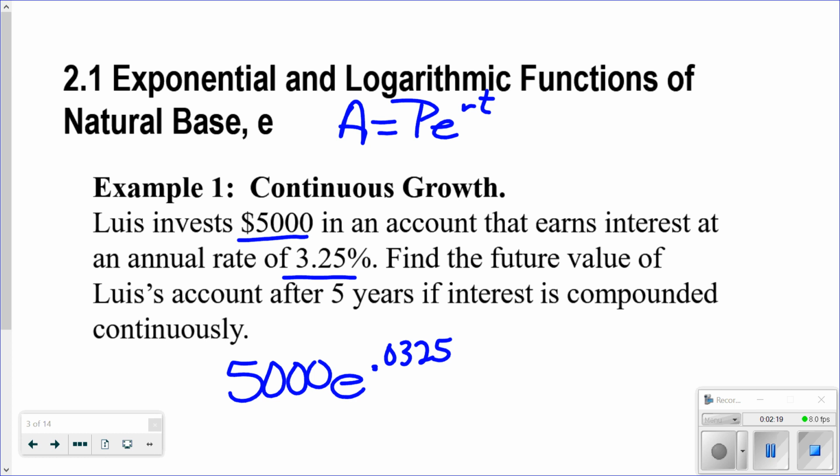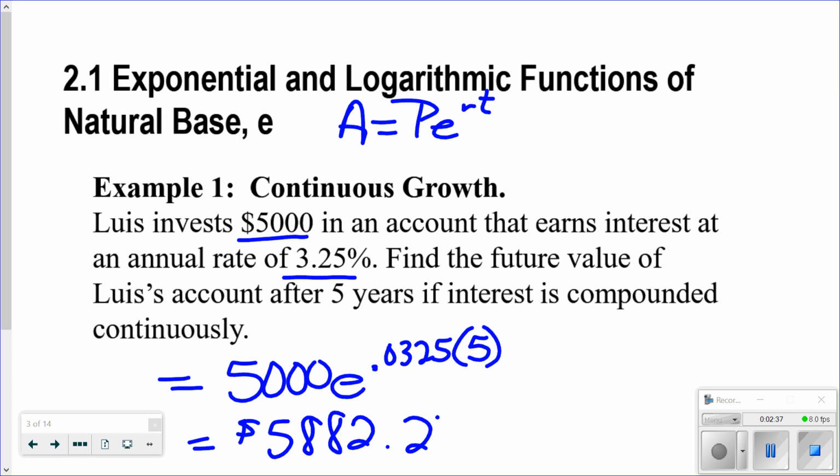We need the decimal equivalent of the percentage, and then we multiply that by 5. And let's see what that is. So at the end of 5 years, we should have $5,882.24. Okay, and we get that just by plugging that all into our calculator.